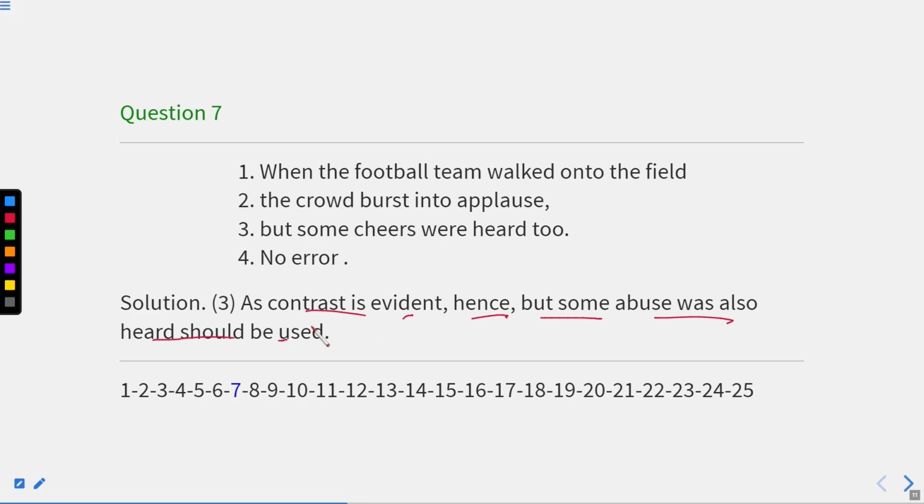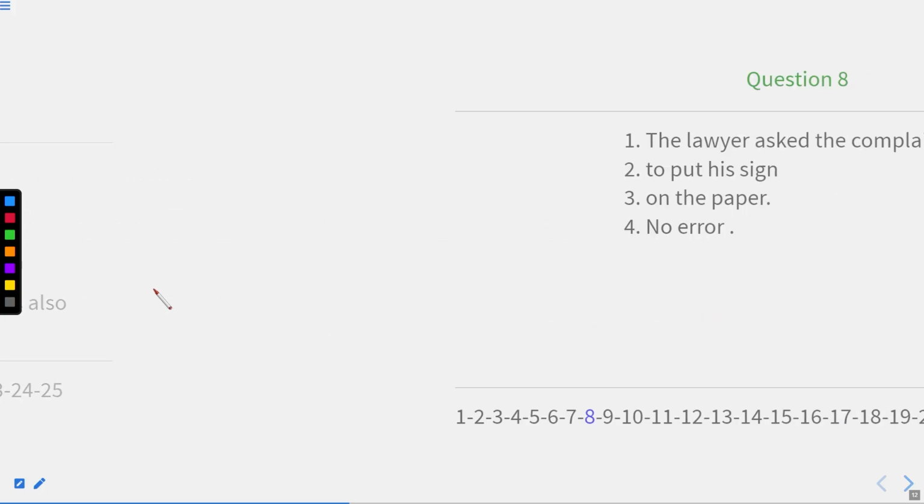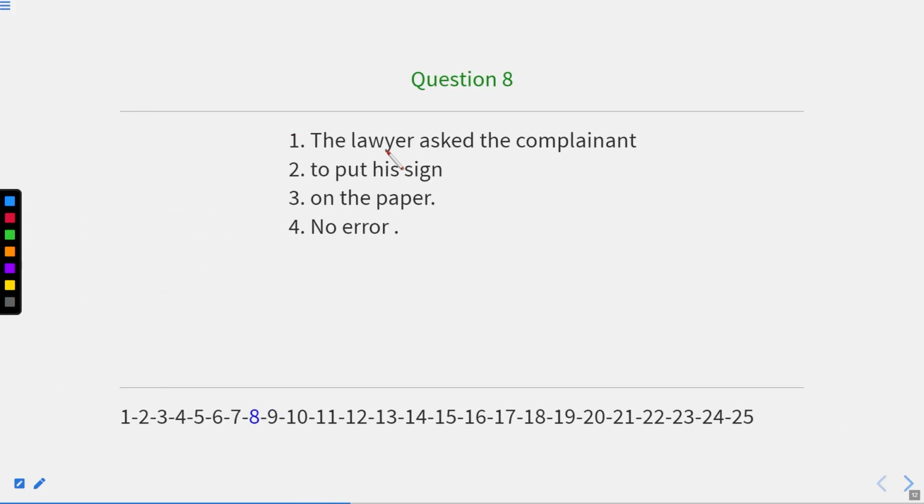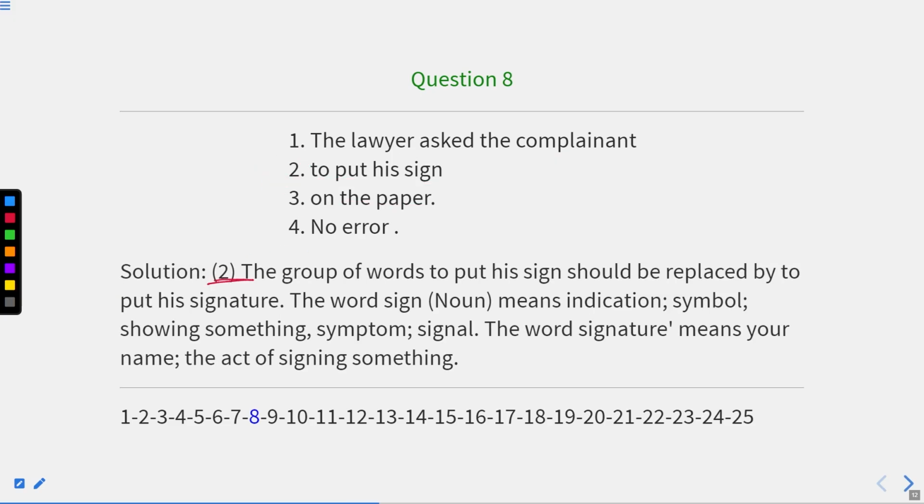Now let us move to question number 8. The lawyer asked the complainant to put his sign on the paper. Now this is very, very simple. The error is in part 2. The group of words to put his sign should be replaced by to put his signature. First of all, sign should be replaced with signature.